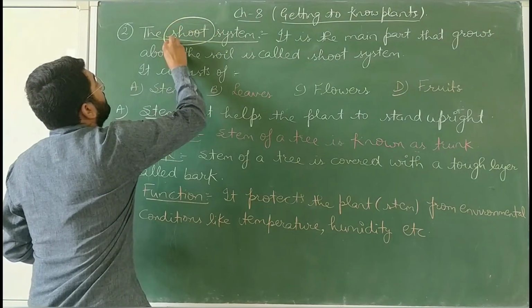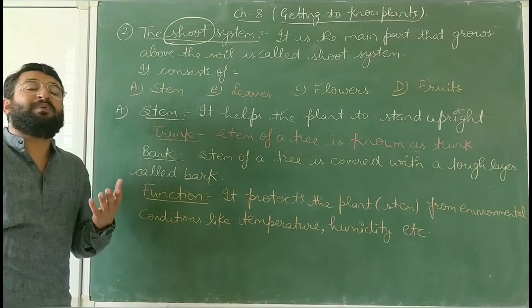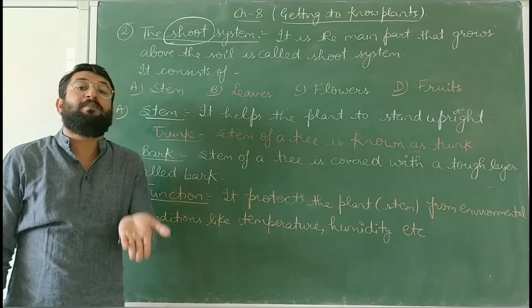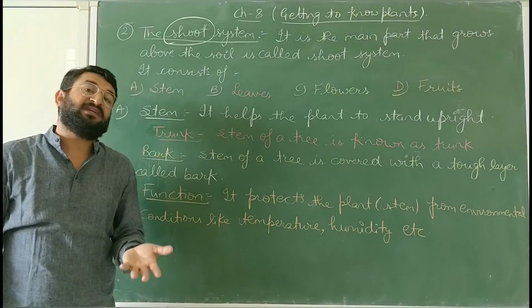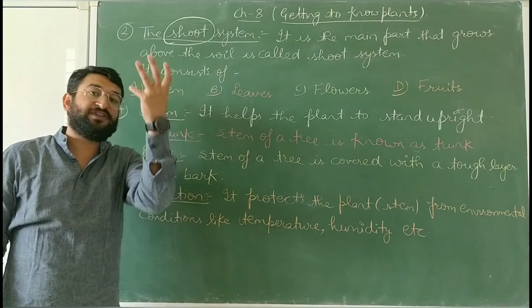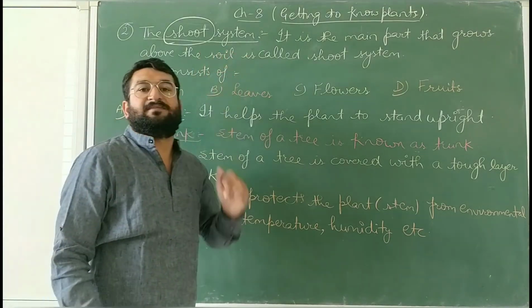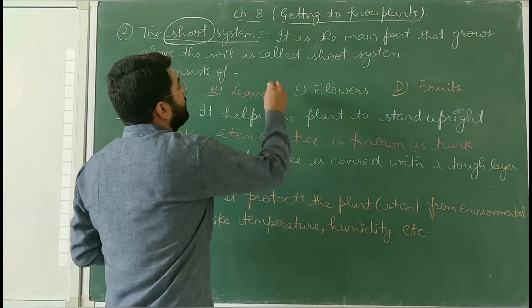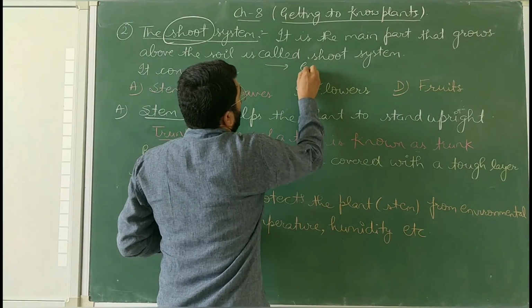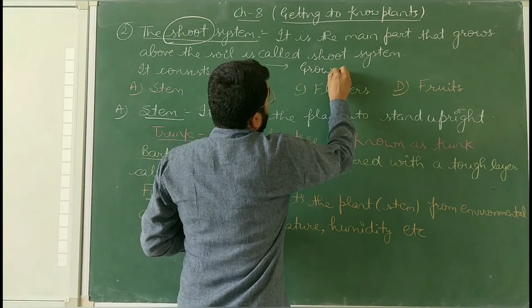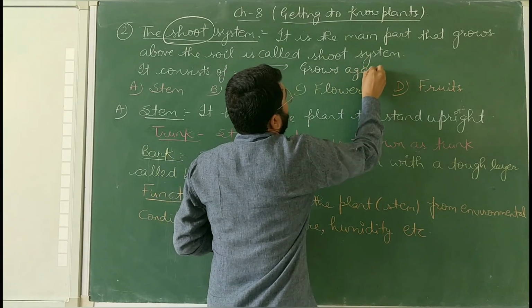The parts of the plant that are present above the ground, coming out of the ground, that part is known as the shoot system. Shoot system will grow against gravity.